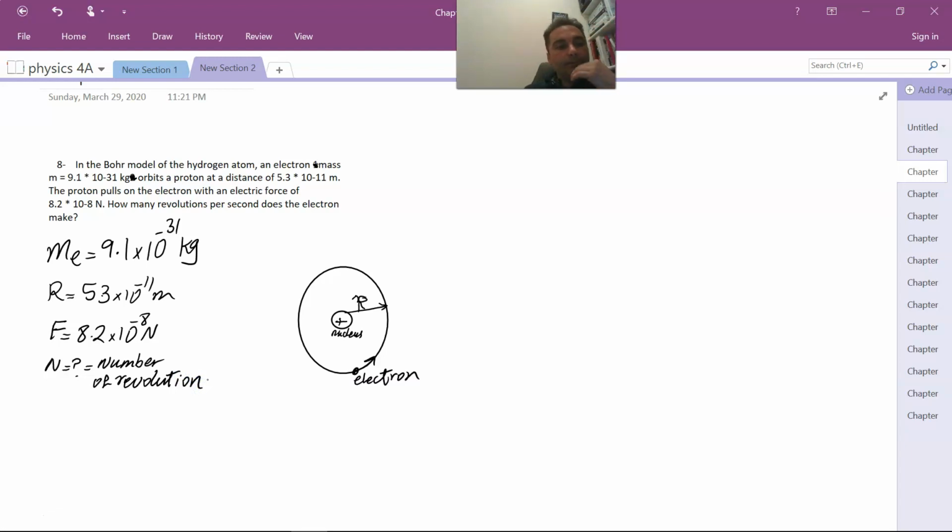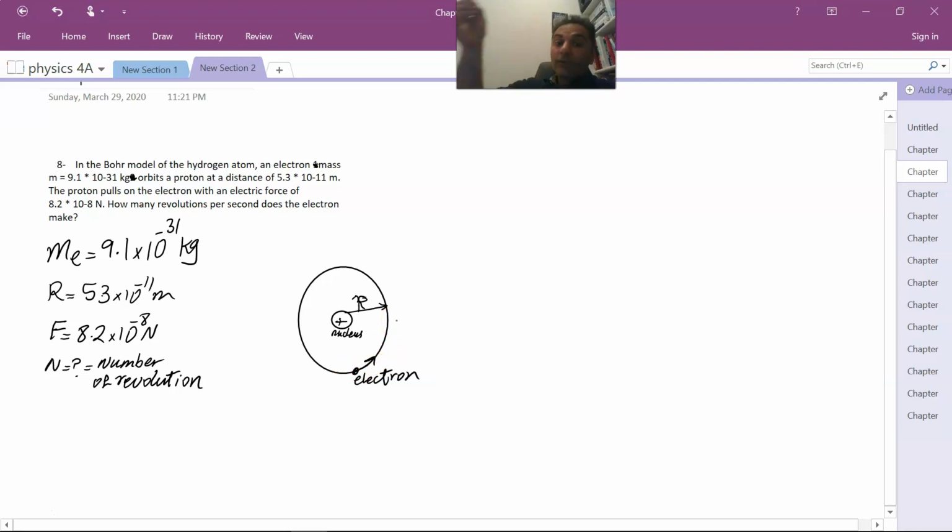What can we do? An electron mass is this. Then it says we do have force, which of course, because electron is negative, proton is positive, so it will be an attractive force like gravity.